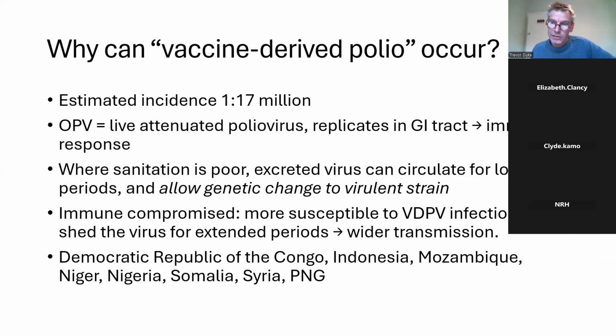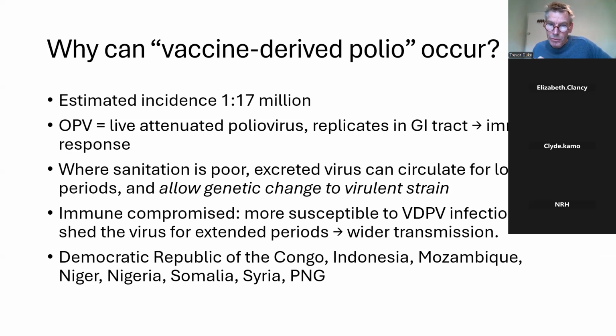It's the poor sanitation and the time for genetic mutation to a neurotropic virus. Where if sanitation is poor, then it just allows this genetic change in the virus to a virulent strain because it's still a live virus.